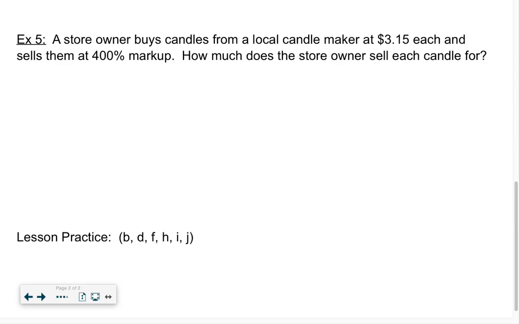And what we want to do is turn around and sell them at a 400% markup. We were told by our financial advisor if we're going to actually make some money with this, our markup needs to be 400%. We need to know what price tag we are putting on those candles.